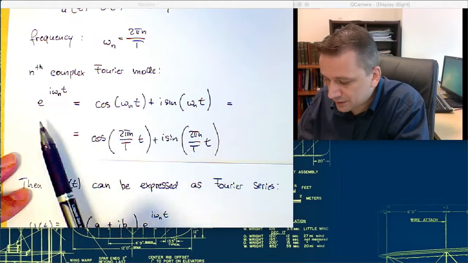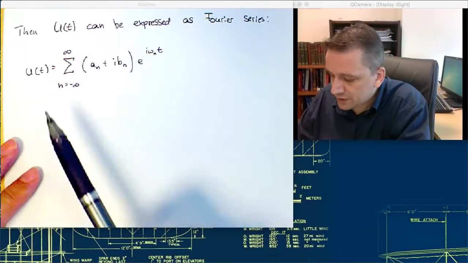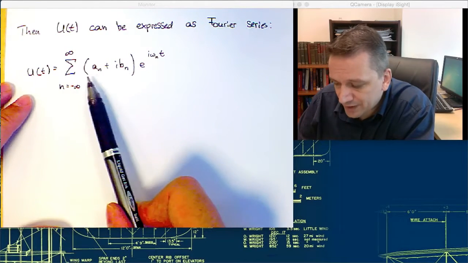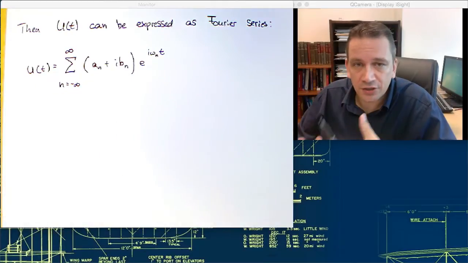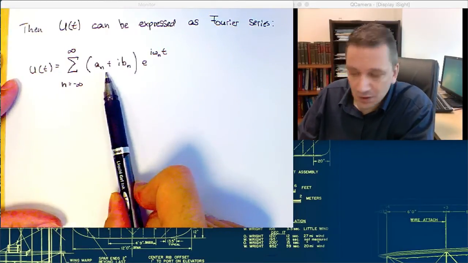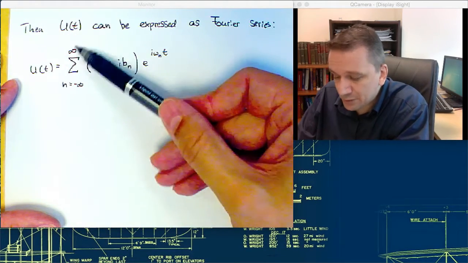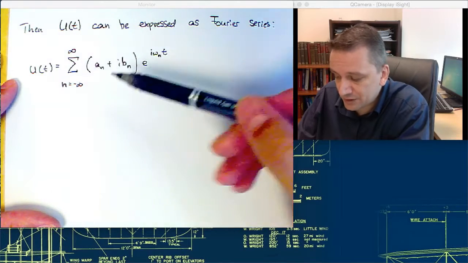So this one is essentially a frequency, and now your original signal, you can split it up, or you can express it as a superposition of a large number of frequencies. And each frequency, so you have here an infinite number of frequencies from minus infinity to plus infinity.